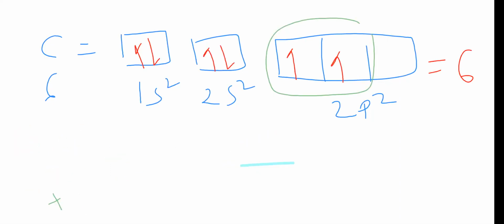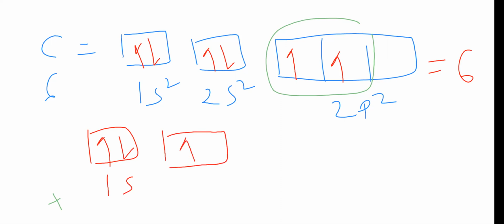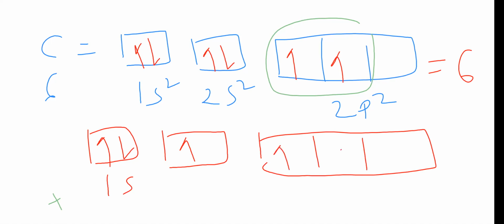So let us talk about the excited state. What happens in the excited state? The 1s will be the same, 2 electrons will be there. And from the 2s, 1 electron will jump and move to the higher energy level. Now we have a half-filled p and a half-filled s.